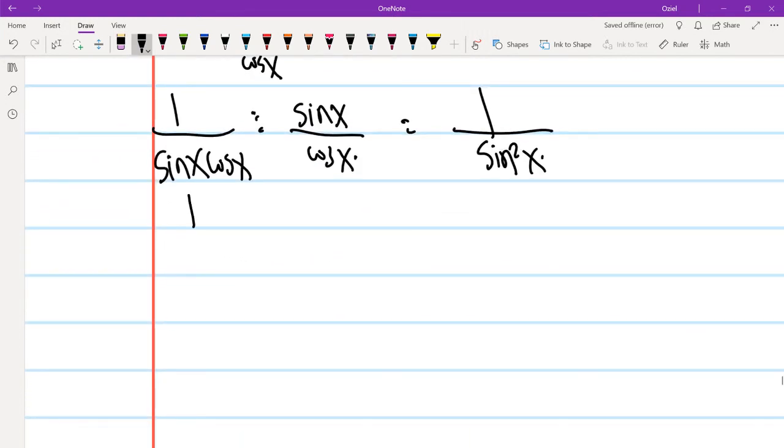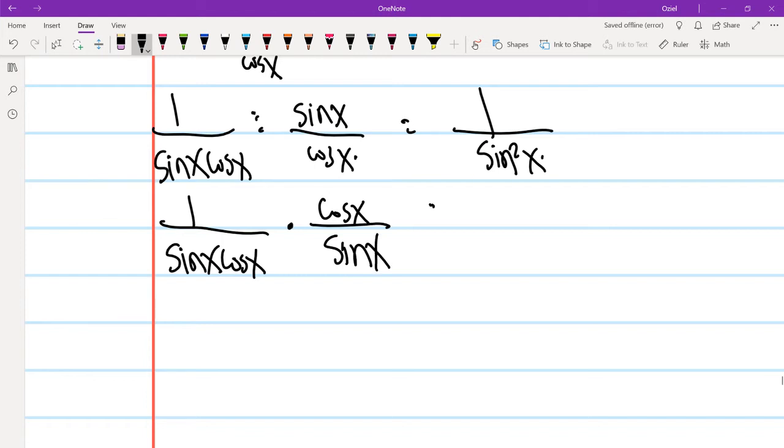Then we would do 1 over sine of x cosine of x times cosine of x over sine of x is equal to 1 over sine squared of x.